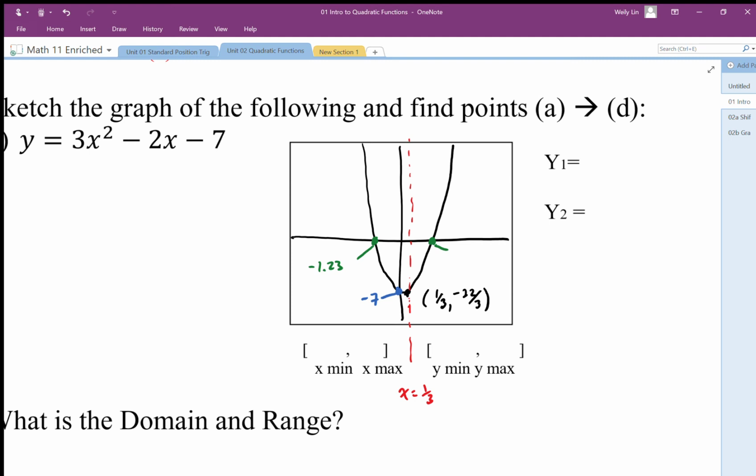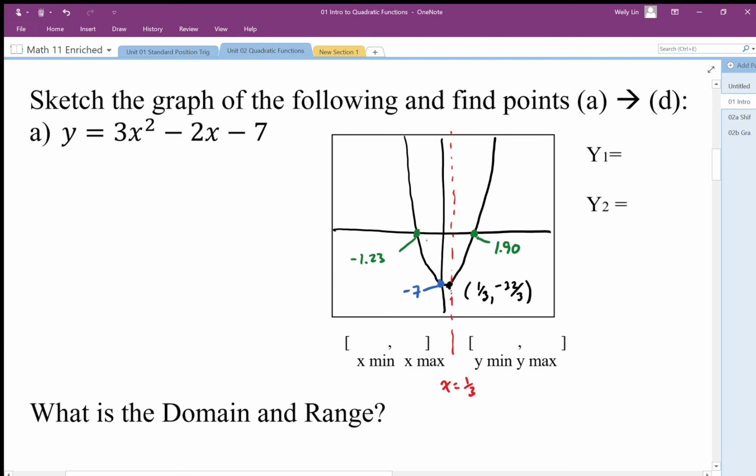I'm going to round that to 1.90. Those are my zeros, my axis of symmetry, my vertex, and my y-intercept. And again, notice that the zeros are symmetrical about the axis of symmetry.